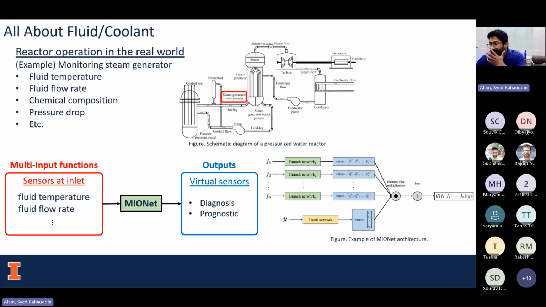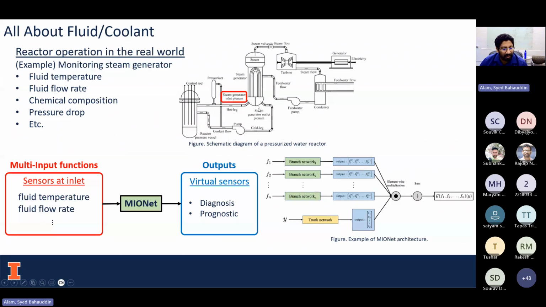We also wanted to do something a little more complex than the previous one. I'm not saying it's highly complex. We wanted to see how the fluid and the coolant work, and whether we can really capture their flow, their composition, and so on.